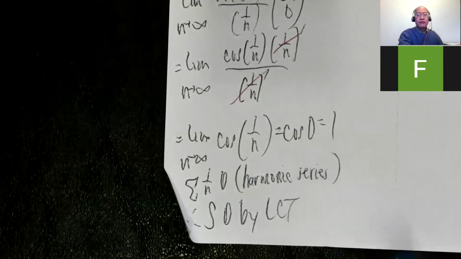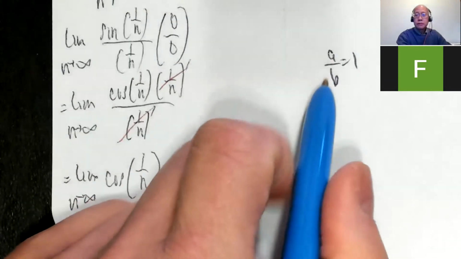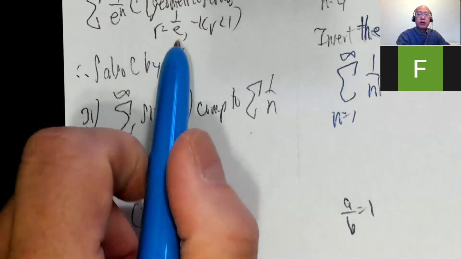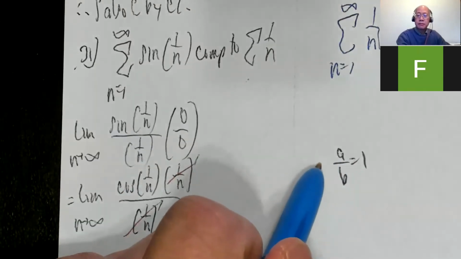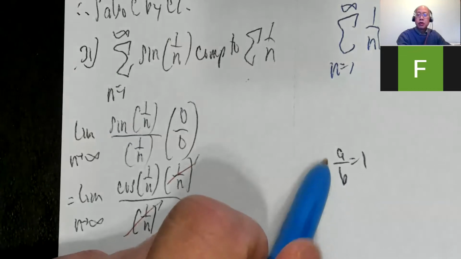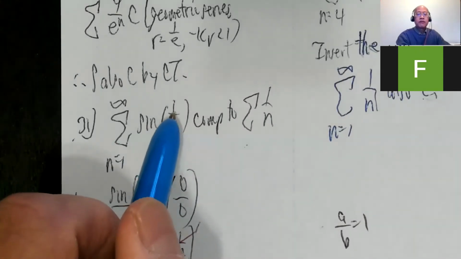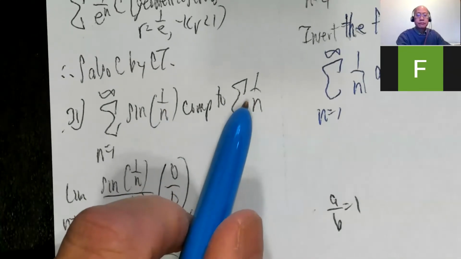Remember, if you have a fraction, a over b, and it equals 1, that means a and b have to be equal. Here we're saying the numerator and denominator approach 1 in the limit, so they're almost the same. The farther out you go, the more alike they are. So in other words, the sine of 1 over a billion is very close to 1 over a billion.